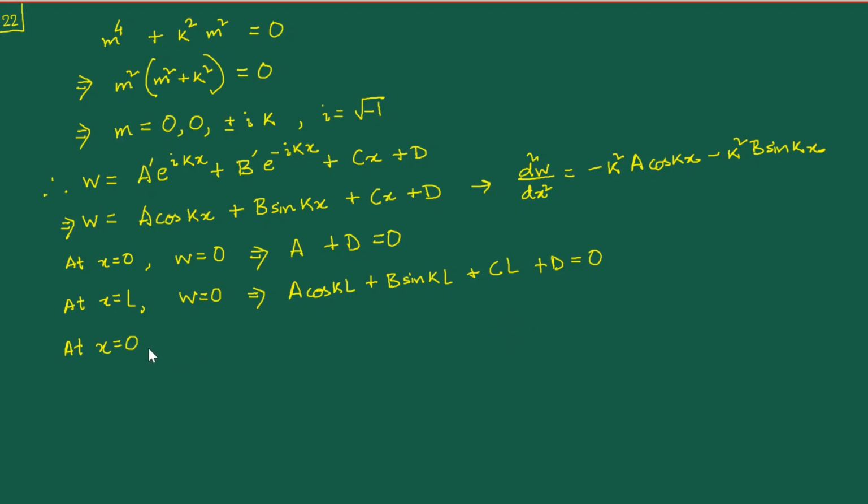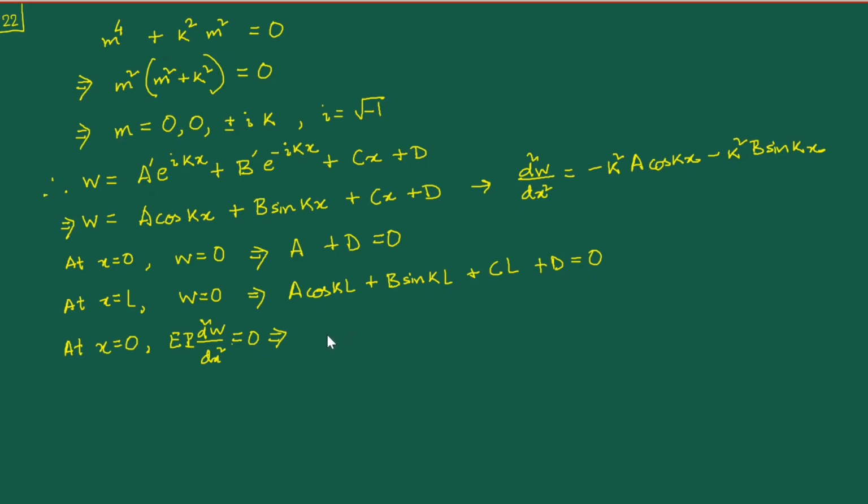So at x equal to 0, what I have to use is EI d squared w dx squared is equal to 0, and if I just substitute x equal to 0 here, I don't have to bother about this EI because the right hand side is 0.